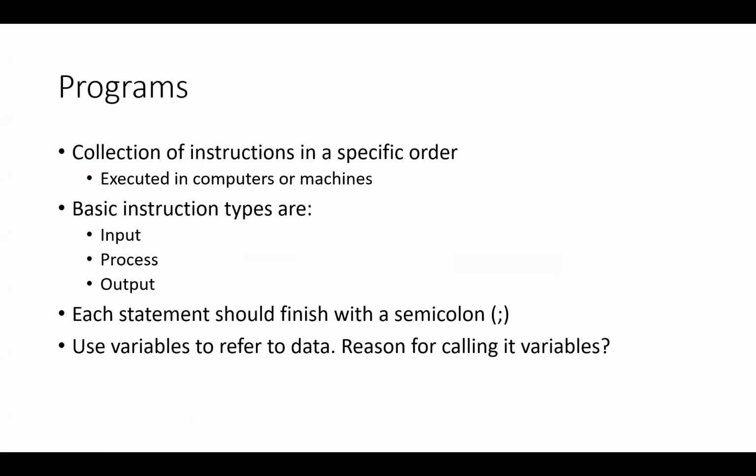As I mentioned, a program can be considered as a collection of instructions which are written in a specific or logical order to perform a specific task. These can be executed in computers. It can also be executed in a machine, and the machine could be a robotic machine where a robot is asked to do a certain task, and you can write a set of instructions in some order so that the robot can perform that specific task.